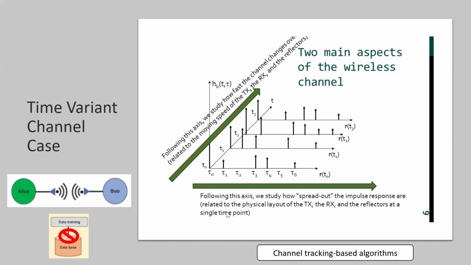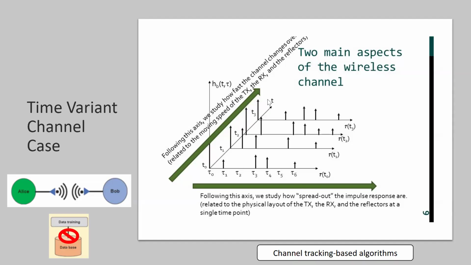On the x-axis, we study how spread out the impulse responses are, related to the physical layout of the transmitter, receiver and reflectors at a single time. The values of these samples on the x-axis are determined by the location of the transmitter, receivers and reflectors, the objects, the number of objects between them, and their types and materials.